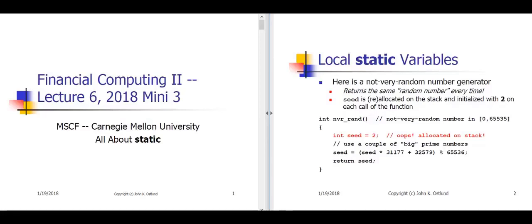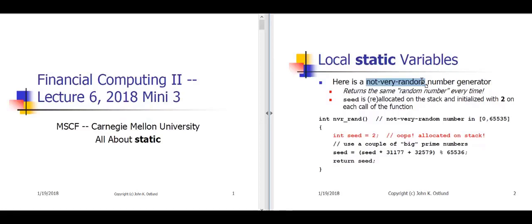As a reminder, here on slide 2, we have this not very random number generator, nvrand. When we call nvrand, seed is allocated on the stack as a local temporary variable initialized with 2.